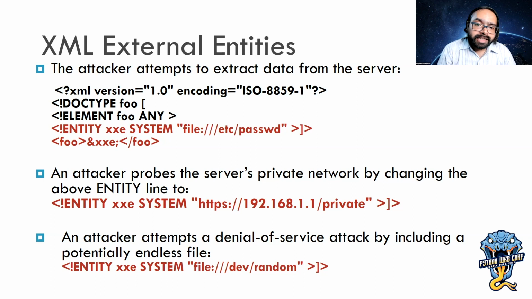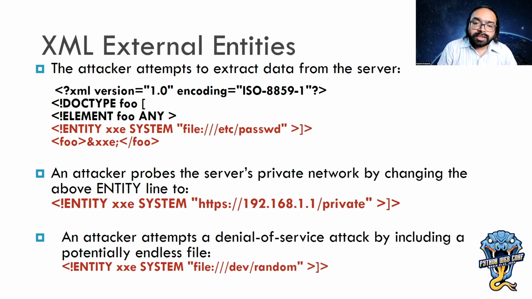You can see here that a custom entity has been created, that is &xxe, and it has been linked to the file /etc/passwd. So whenever any user uses this entity, they are getting access to the /etc/passwd file.